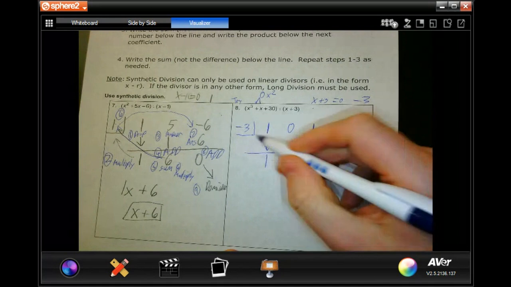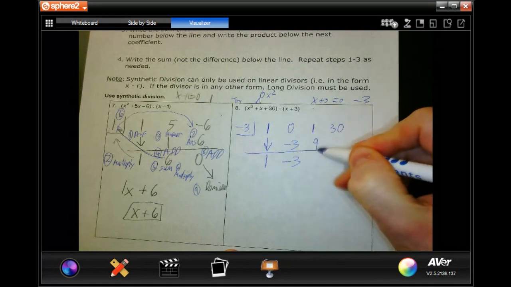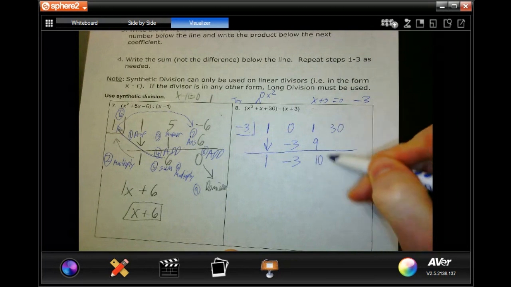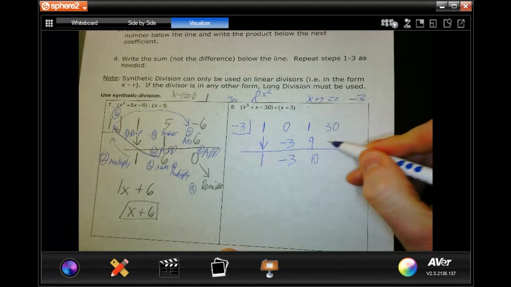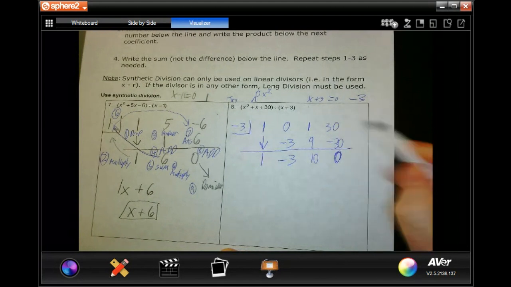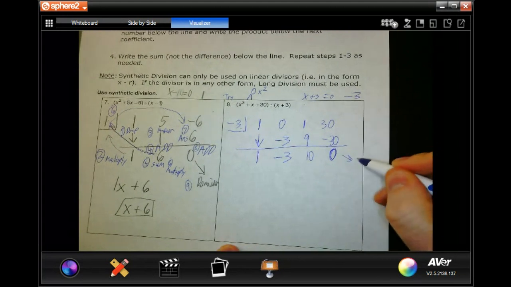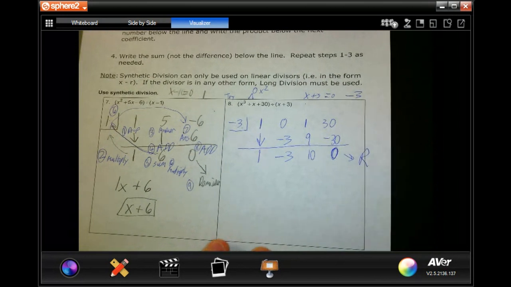You do negative 3 times negative 3. That's a positive 9. You add this together to get 10. And you do 10 times negative 3, and you get negative 30. You add this together and you get 0. Since this is the last thing that we have to add together, we have a remainder of 0.